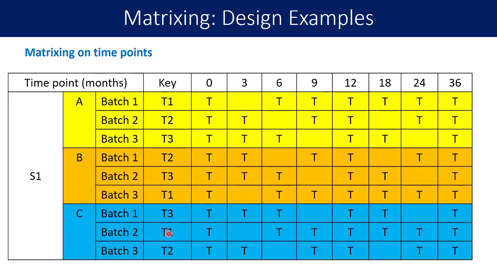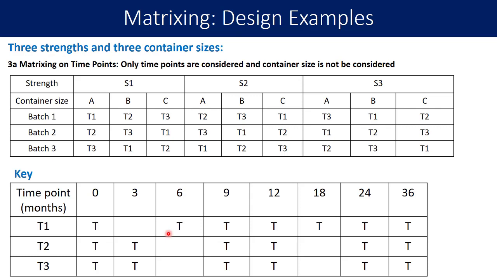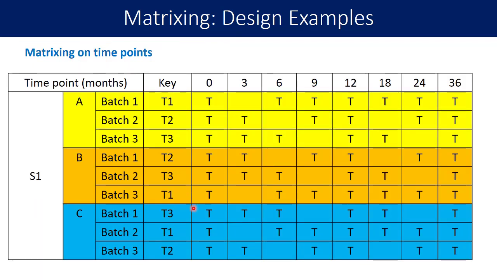Similarly, if I go back to container C, what did I find? T3, T1, and T2. Now this is the plan: T3, T1, and T2. So let me check the T3, T1, and T2. What is the definition of T3? Here is the definition of T3, here is the definition of T1, and here is the definition of T2.